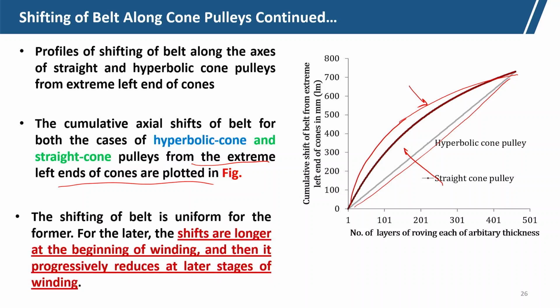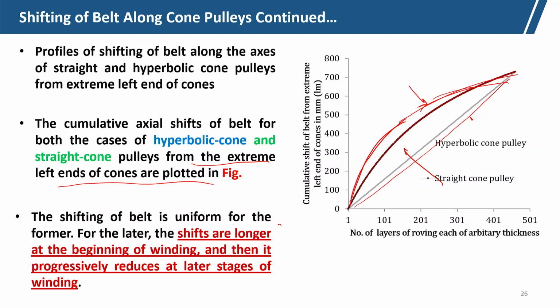So, the shifting of the belt is uniform for the hyperbolic one, okay, and for the latter, that is the straight cone, the shifts are longer at the beginning of winding and then progressively reduce. So, there will be a hyperbolic change in the shift.